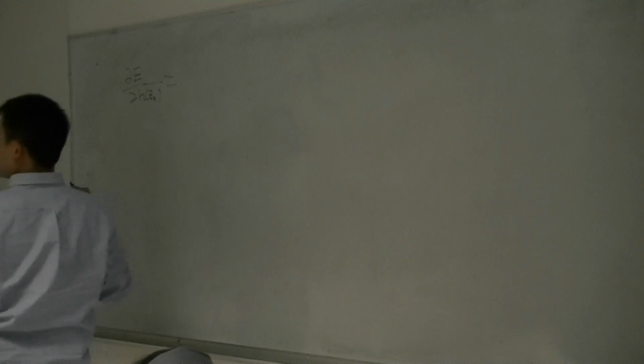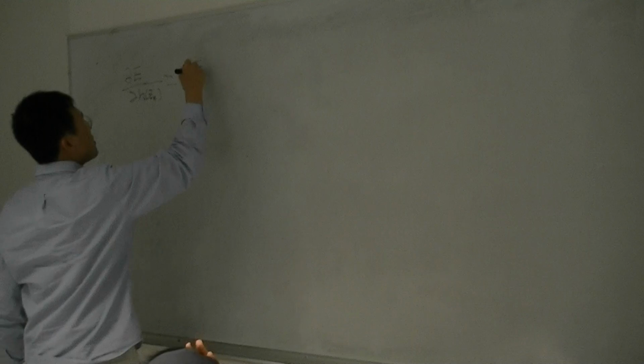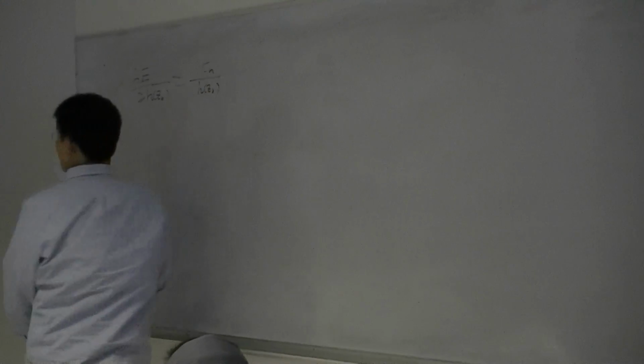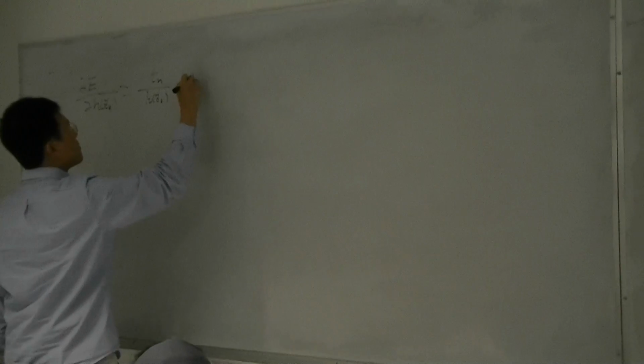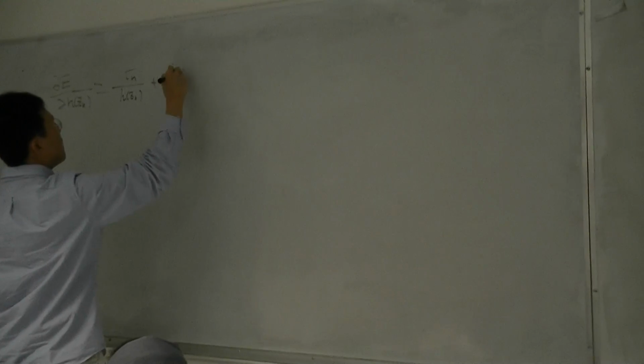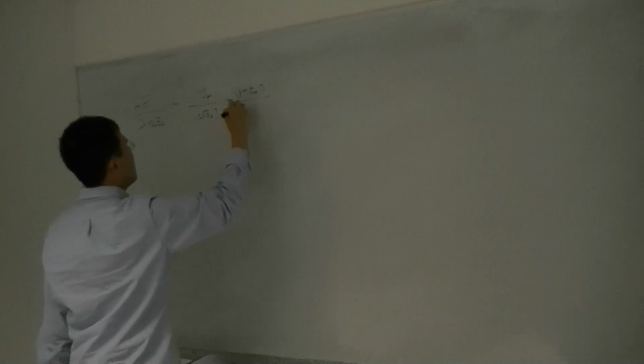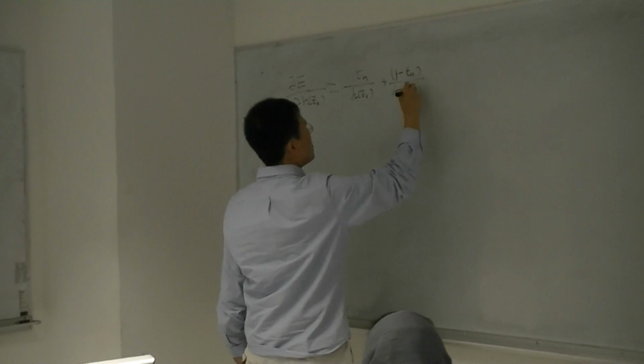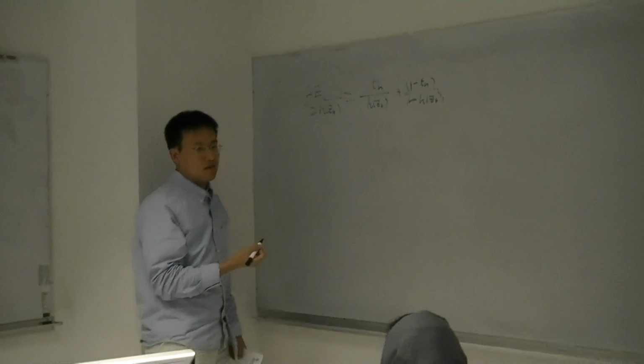The first term is Tn over H Cn, and the second term is 1 minus Tn over 1 minus H Cn. Right? And for the second term, is there a minus sign?